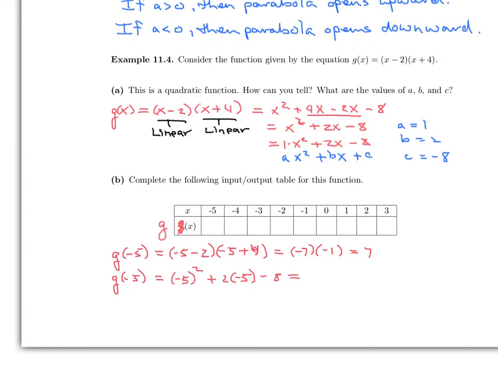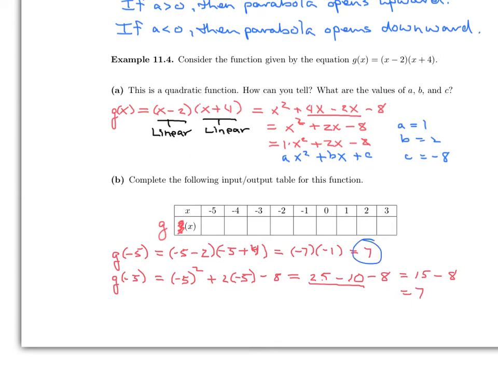Now let's simplify. Negative 5 squared is 25. This is a negative 10. So when we simplify, we have 25 minus 10 minus 8. 25 minus 10 is 15. Then we subtract 8, and notice we arrive at 7.